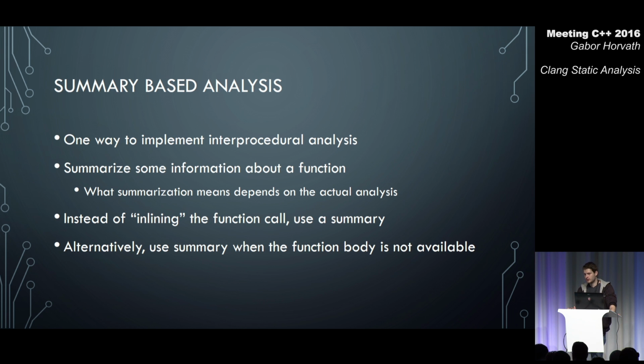Another way to do it is to first analyze all of the functions and assign some information about the function to each function. So this is called summarization, and instead of emulating the function call, use the summarized information to get some conclusion about the code.